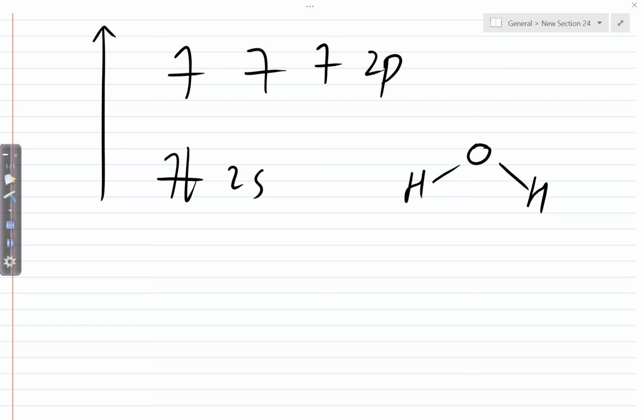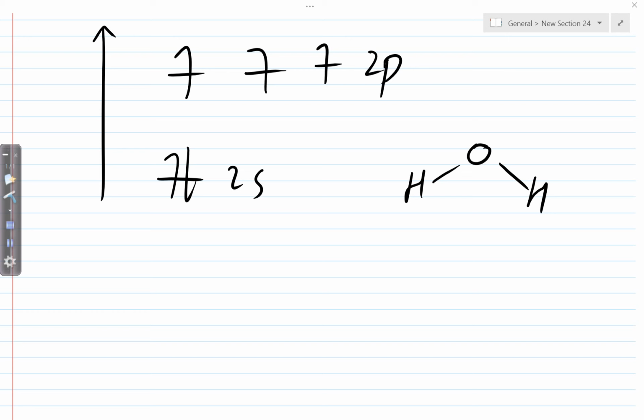We have 1s2, 2s2, 2p4. This is S1, S2, P1, 2, 3, 4, 5, 6, D 1, 2, 3, 4, 5, 6, 7, 8, 9, 10, F1 until 14.